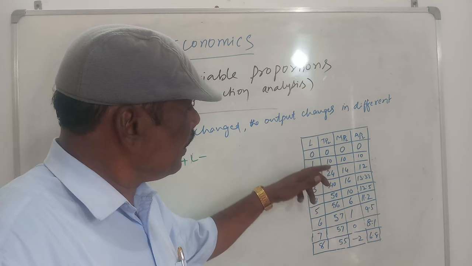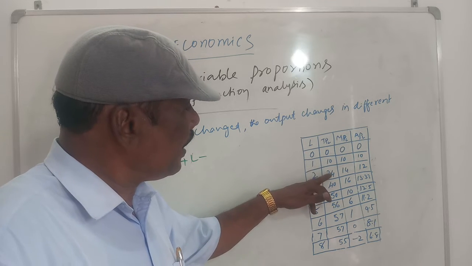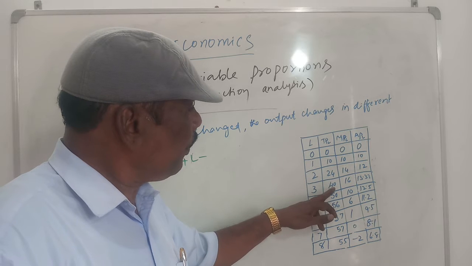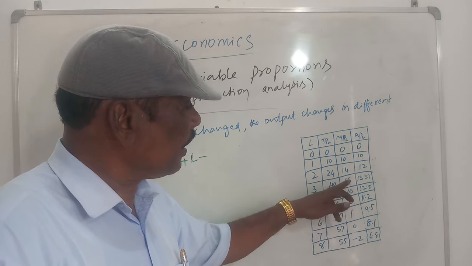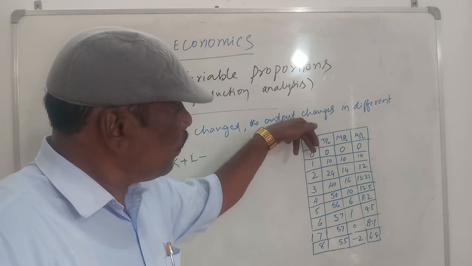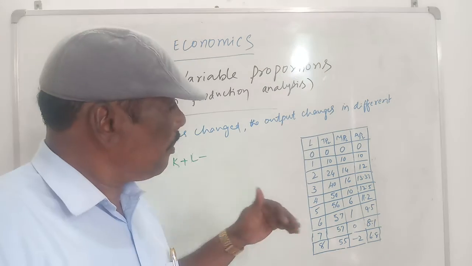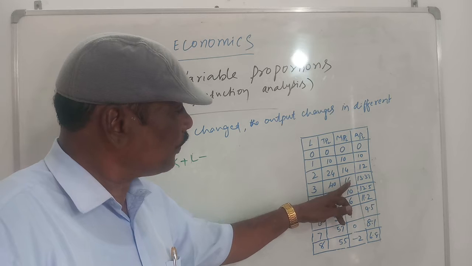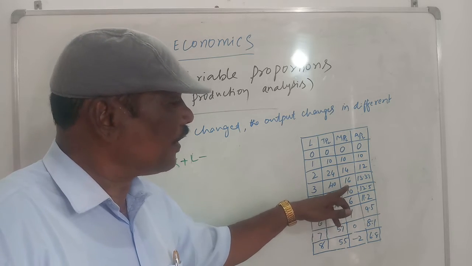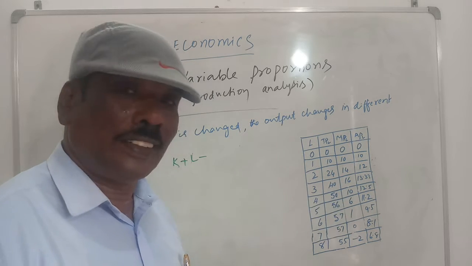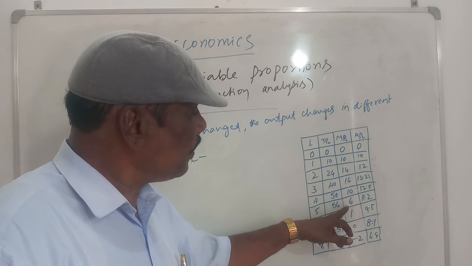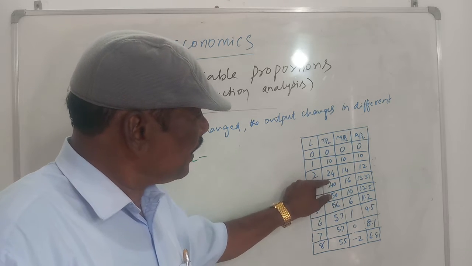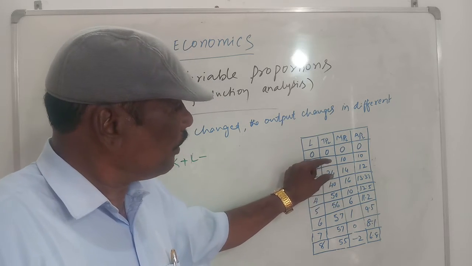And then, see, here you see 10, 20, the difference is 14. And 24, 40, that is 60. So the total product goes on increasing at a decreasing rate. The difference was 16 here, now the difference has come down to 10, and here the difference has come down to 6.